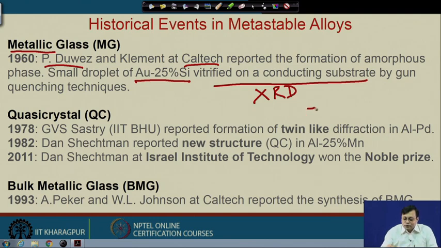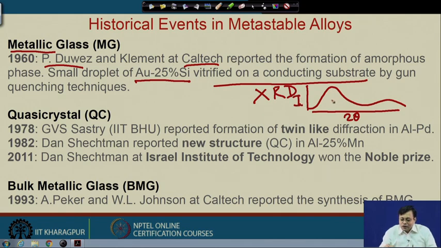They showed the kind of halo pattern that I told you about in the last class. This is a 2 theta versus intensity plot, and they saw the disappearance of any crystalline peak. At that time people were clueless that even in a metallic system one can obtain a glassy phase. That was almost the initial discovery of metallic glasses in the 1960s.